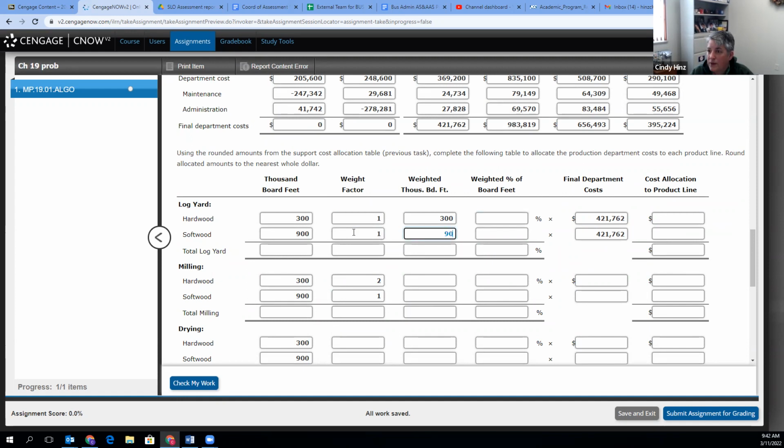Oops, not 300. And our totals. So 300 divided by 1,200, the hardwood is 25% and the softwood is the other 75%.